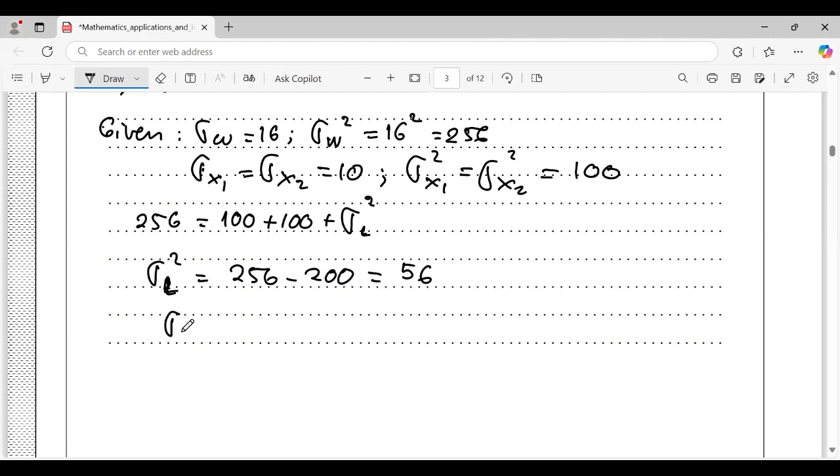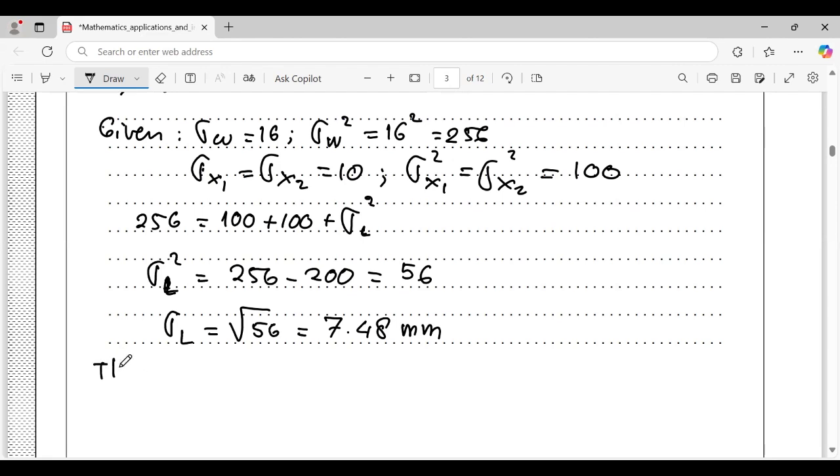So the standard deviation is the square root of 56, which is 7.48 millimeters.